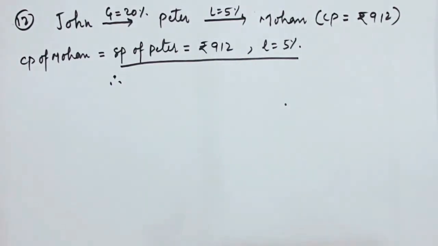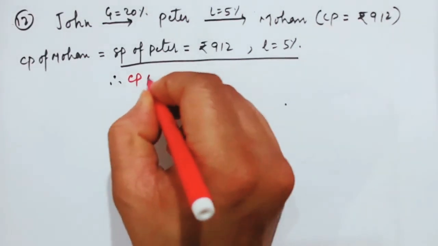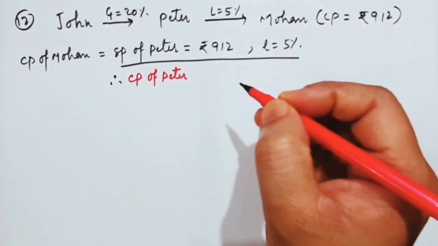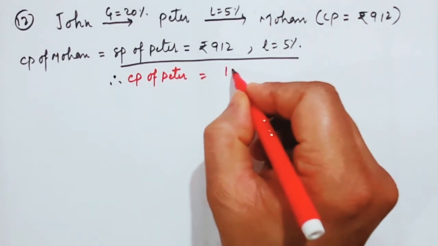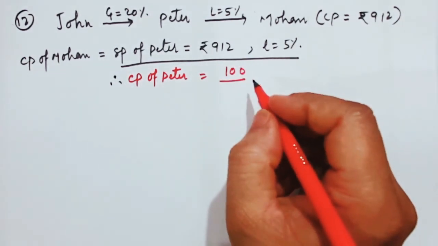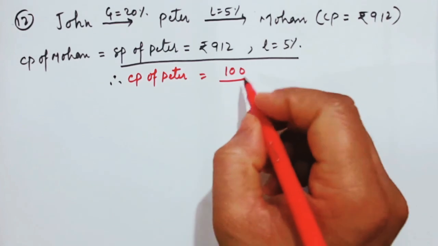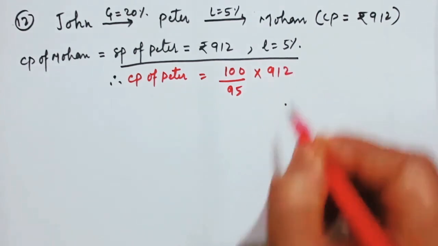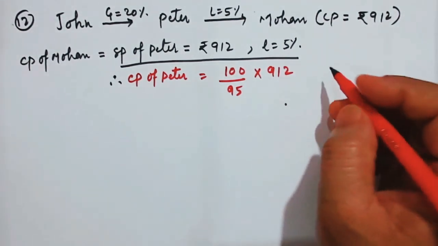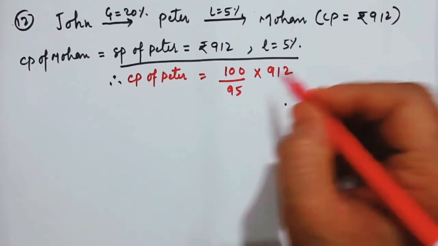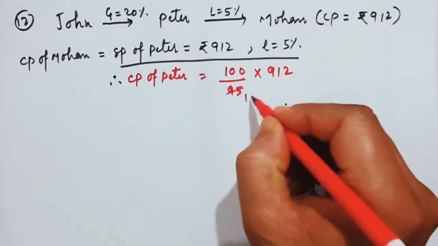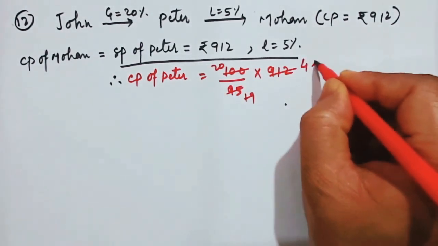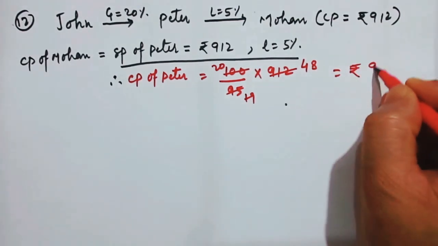Therefore the cost price of Peter, at what price Peter buys the article, is equal to, totally based on formula, 100 by 100 minus loss, that is 95, times selling price 912. After cancellation, you will get rupees 960.